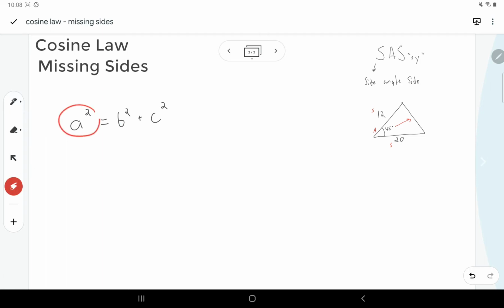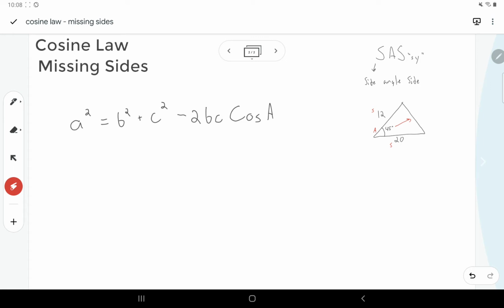So the side we're looking for, then the two sides we're not looking for, the ones that we have, minus 2bc, so again that's those two sides that we have, then cosine of big A, so that's an angle. Okay, so a squared equals b squared plus c squared, minus, that'll be important, 2bc cos A, and remember that means that's all multiplied together.